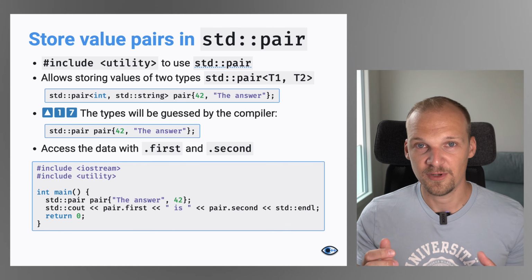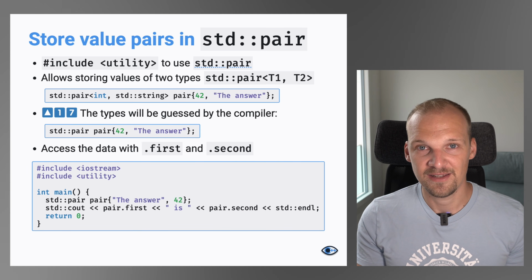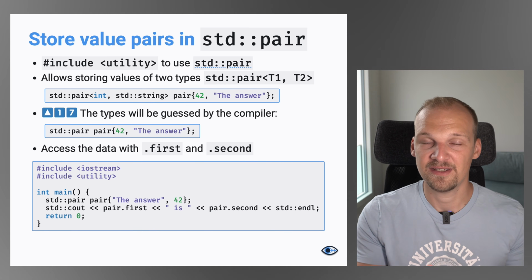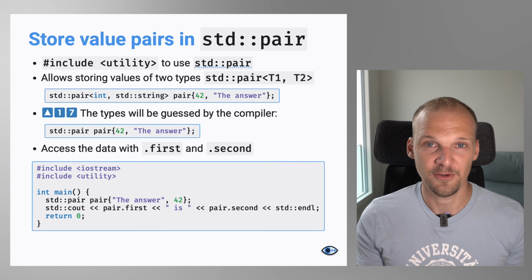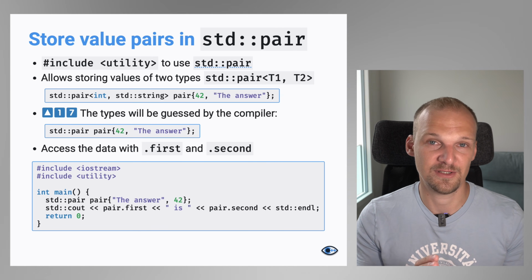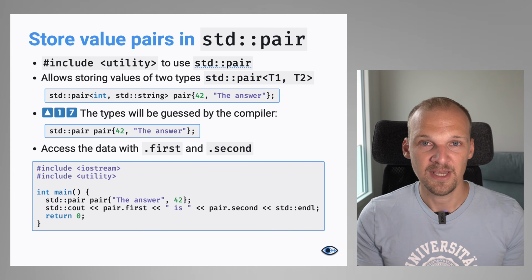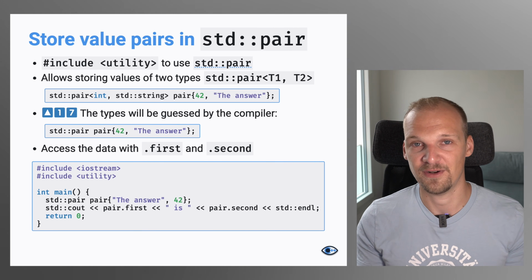If you are using C++17 and above, which we will be using in this course, then you can omit the types explicitly, because the compiler is smart enough to figure those out. So the same example from above would look very similar, with just no angular brackets there. But please remember, they are there, it's just that the compiler knows how to figure those out.